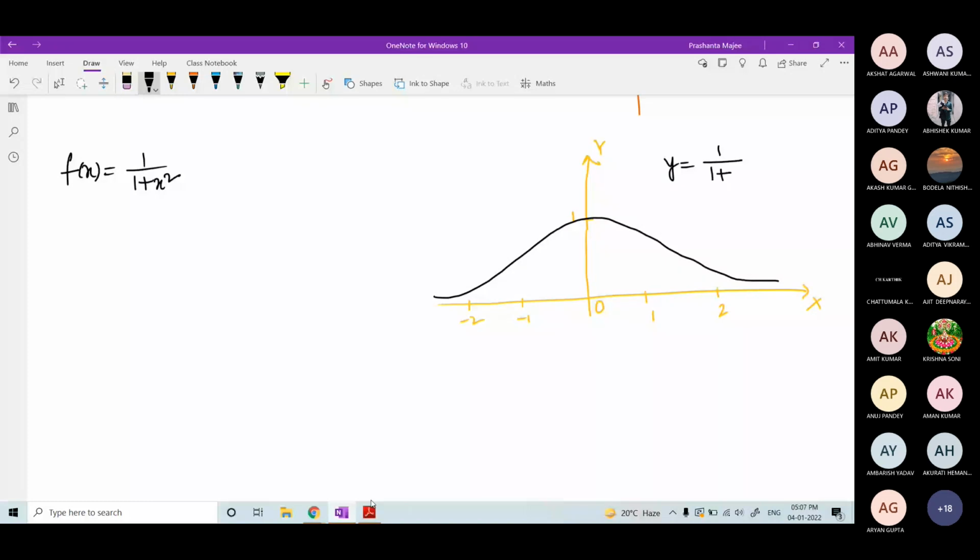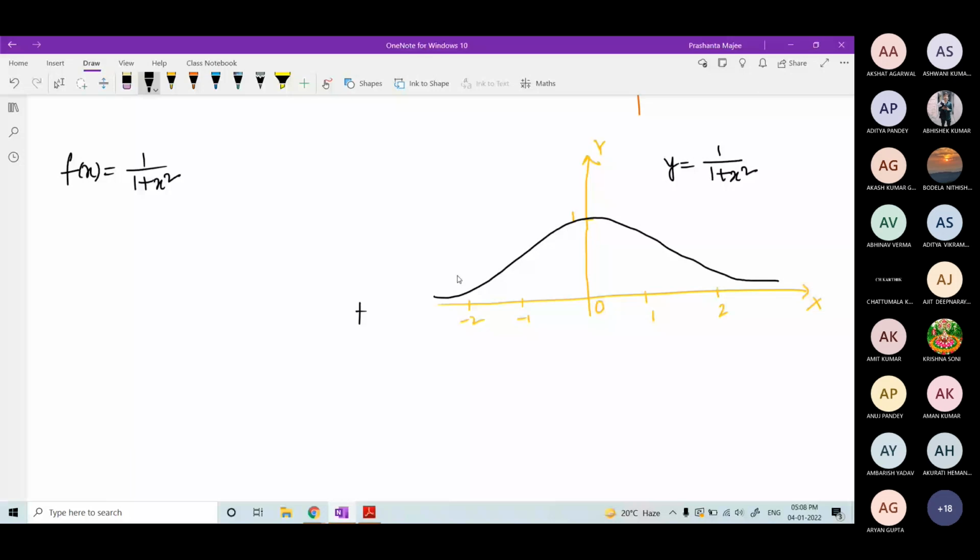So let us try to approximate this function in the interval -5 to +5. Somewhere here it will be -5, and on the other side somewhere it will be +5.